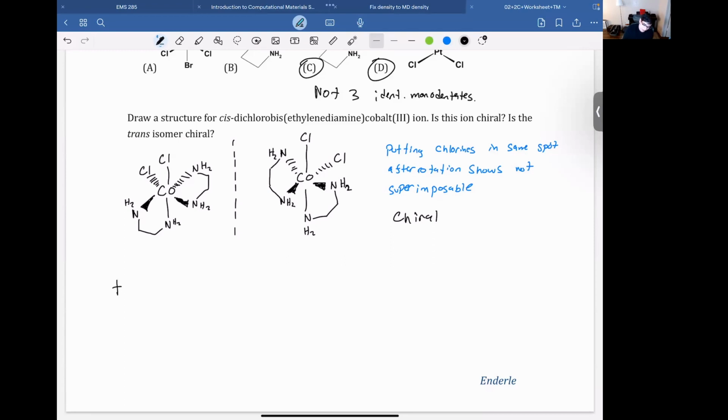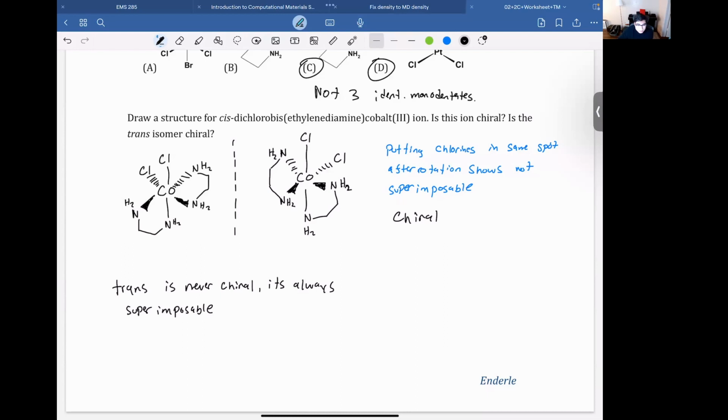Then for the trans isomer, the rule of thumb is that trans is never chiral. It's always superimposable. So the only ones that you have to worry about chirality is fac or cis. Mer and trans will always be superimposable if you draw their mirror image.